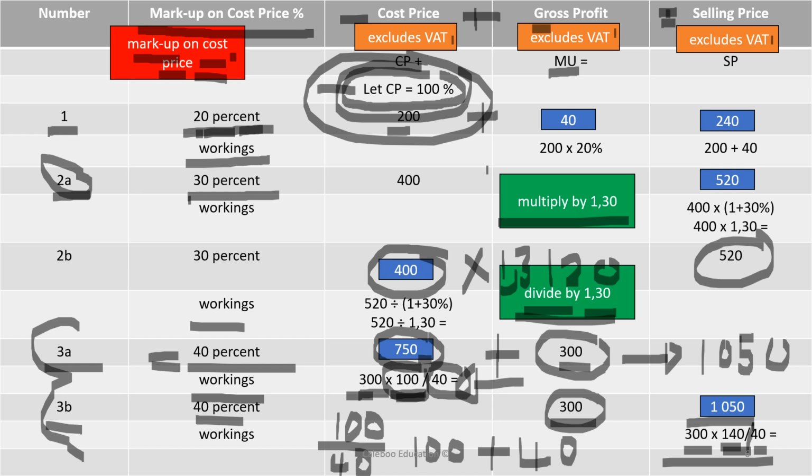If I'm going to the selling price, it's 100% plus 40% is 140. The numerator is 140, 100% plus 40%, and I'm dividing by the markup percentage. Right, I hope that makes sense, but you need to go over it again, and then eventually the penny will drop.